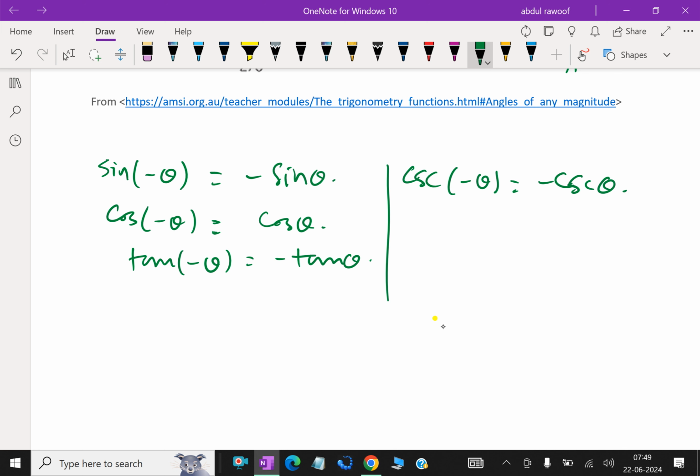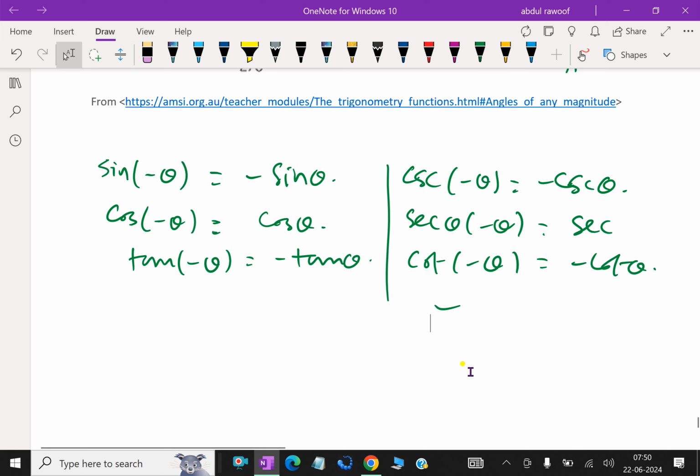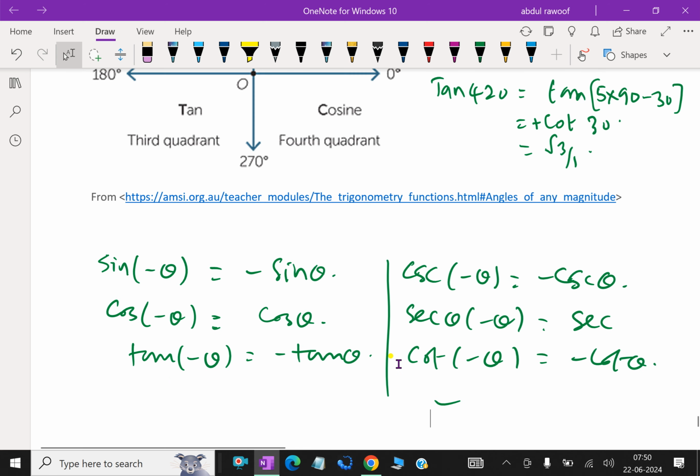Secant of minus theta is secant theta only, because cos of minus theta is cos theta. Then cot of minus 30 is minus cot 30. These are useful to remember what the negative angles of these trigonometric functions give.